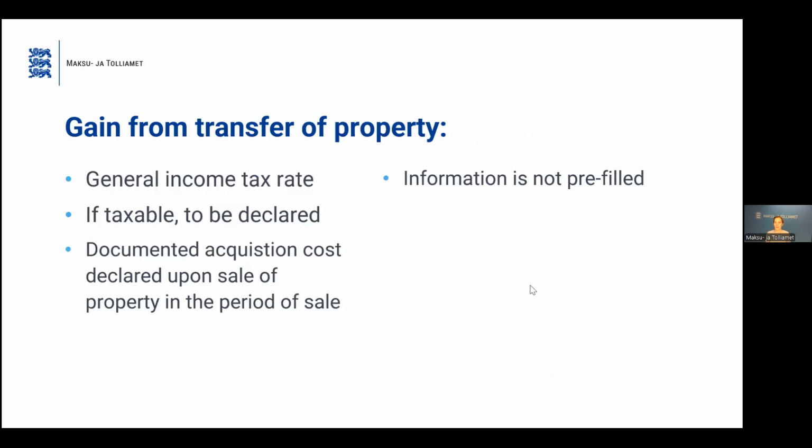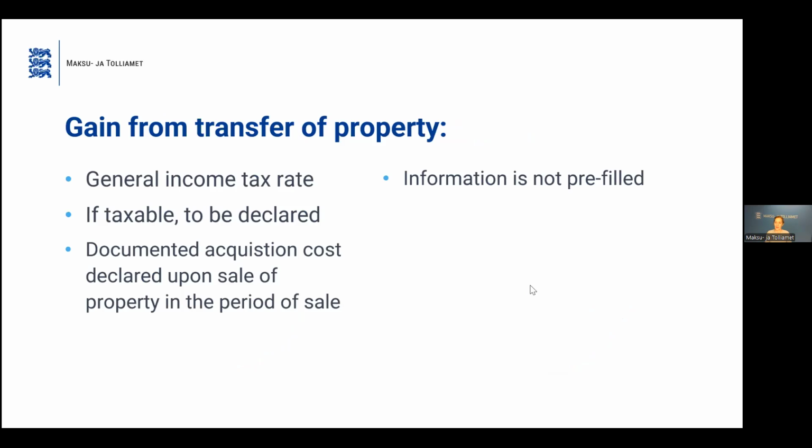In Estonia, gain from transfer of property is taxable by the general income tax rate. We do not have any separate tax rate for transfer of property. And if taxable, it shall be declared by the recipient of the income.